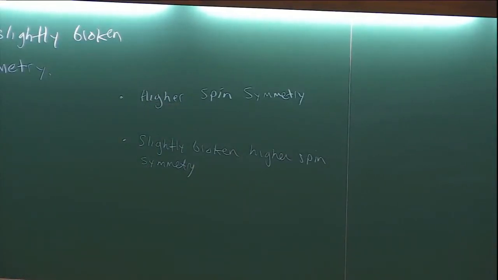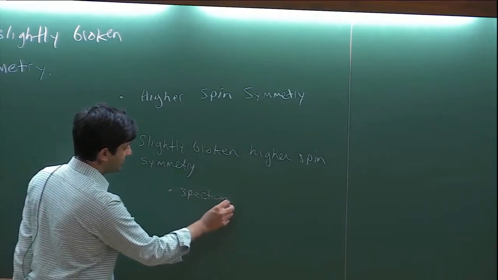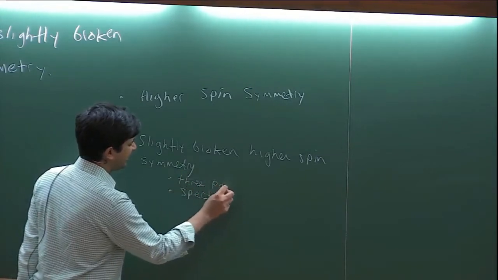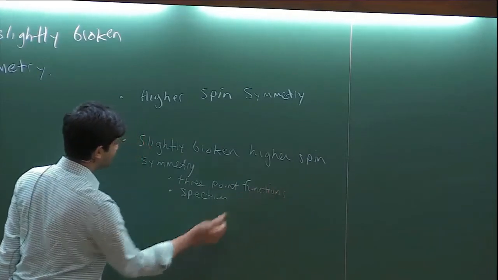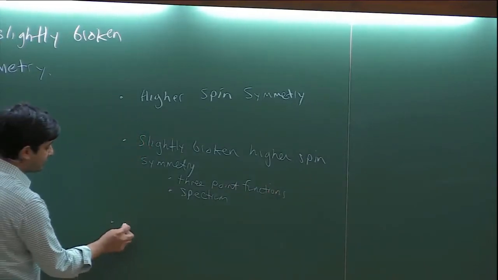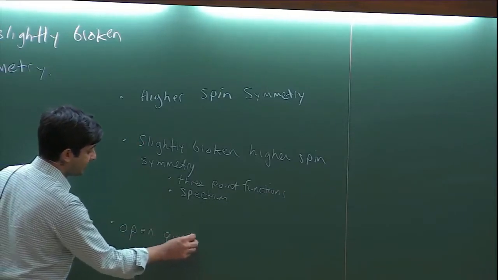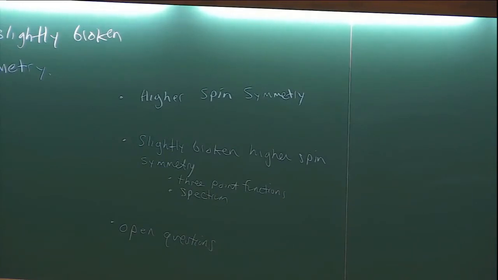Of course there are two aspects of the solution: there's a spectrum of operators, and there are 3-point functions. And then I'll talk a bit about open questions, because there are many things which haven't yet been done in this field.